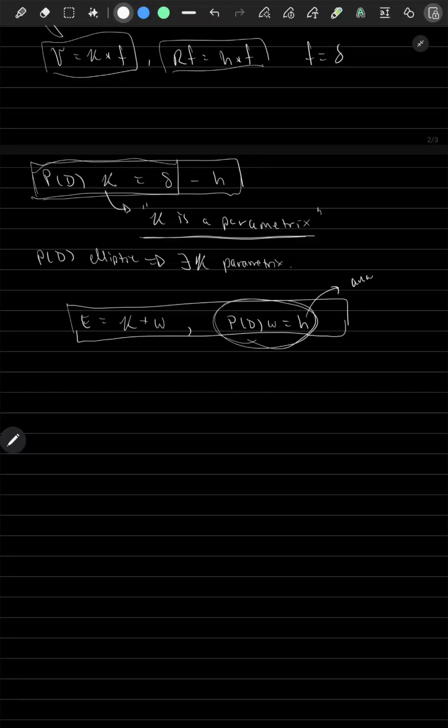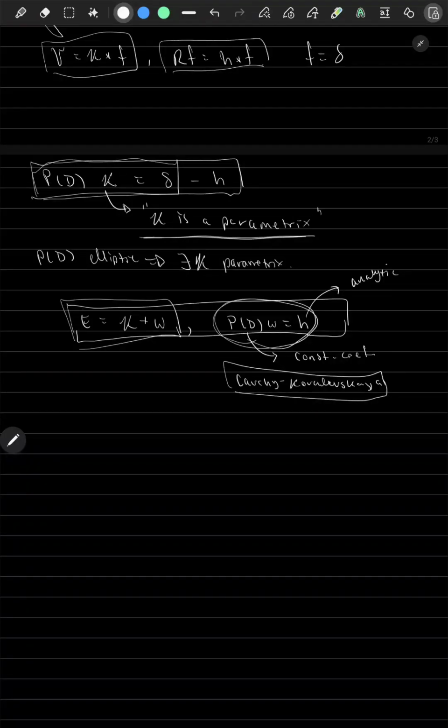So this is analytic. And this is constant coefficient. In other words, analytic coefficients in particular. So by the Cauchy-Kovalevskaya theorem, this is actually solvable. So just apply the Cauchy-Kovalevskaya theorem, and we have a W, and therefore we have a fundamental solution always in this case.